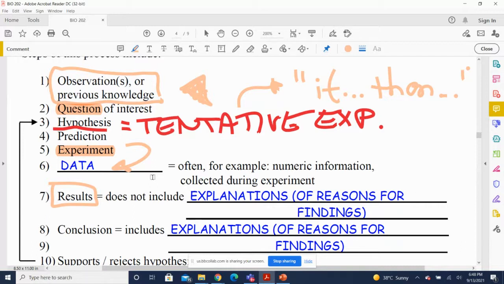But the big thing here is to notice that the results section of a scientific study does not include any explanations for these numbers or these findings that we're getting. It's simply a summary of the data.